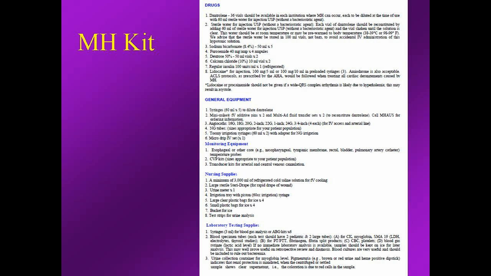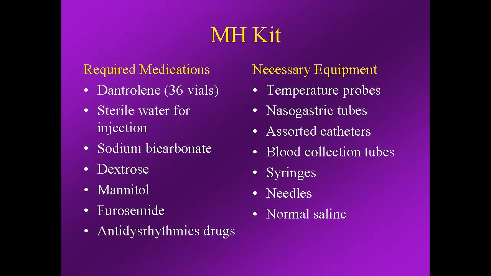In fact, many credentialing agencies require the assembly of such a kit. The recommended contents of the kit can be found on the MHAUS website. This slide lists some of the important supplies and drugs that should be in the MH kit or cart.